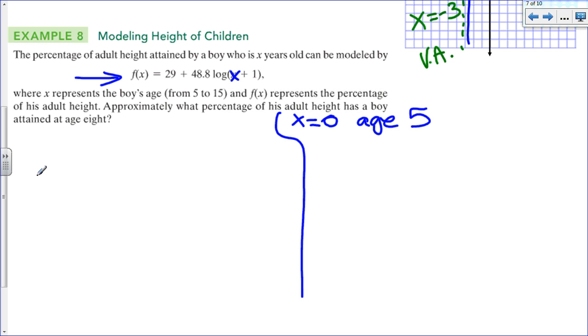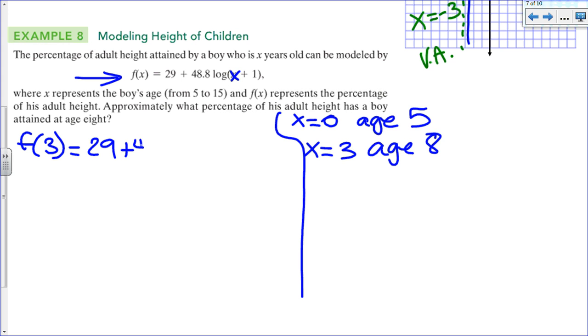All right. So let me reread the problem. From 5 to 15. F of x represents the percentage of its adult height. Approximately what percentage of its adult height has the boy attained at age 8? So if we're talking about age 8, what will x need to be? 3, right? Then we will have to find f of 3, which will be 29 plus 48.8 log of 3 plus 1.